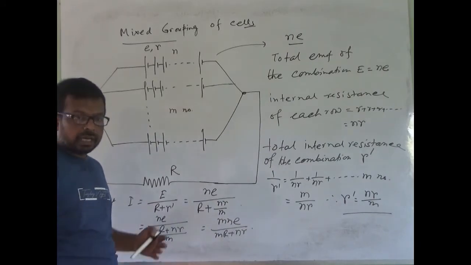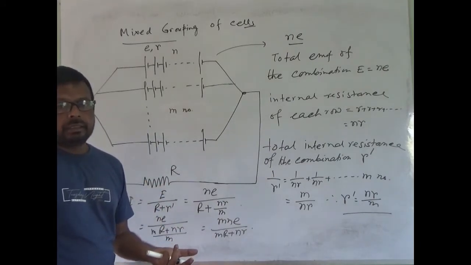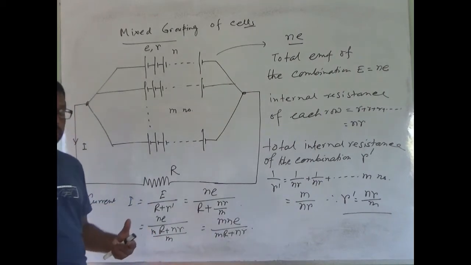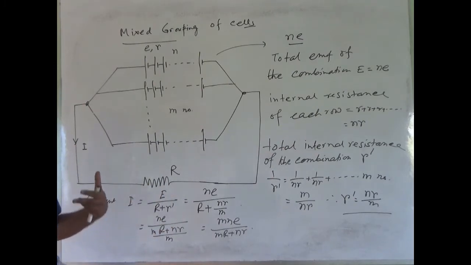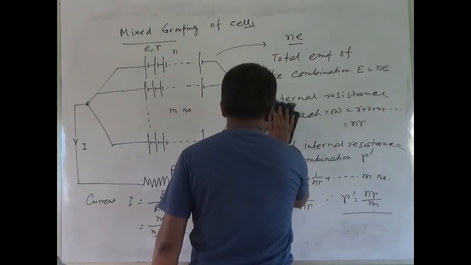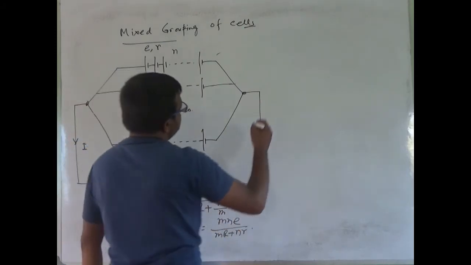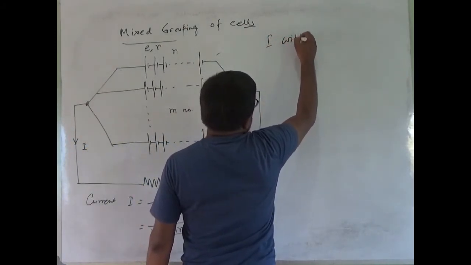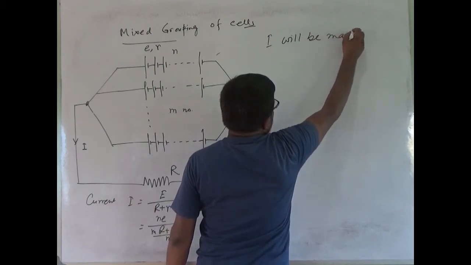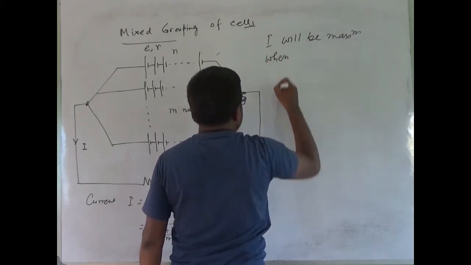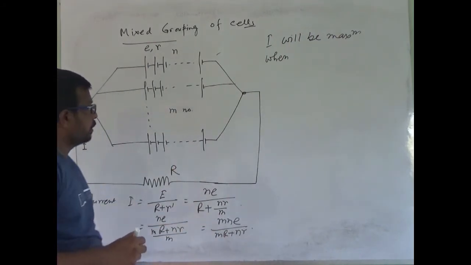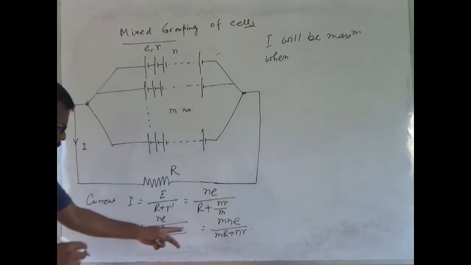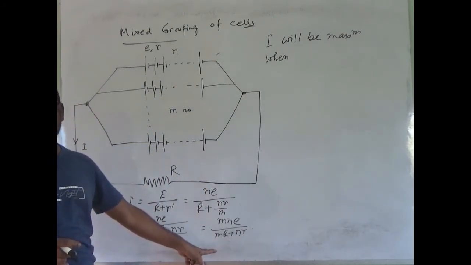Now we are going to find the condition to get the maximum current, or we may say the condition for I maximum. Now, I will be maximum when the denominator of the expression of I is minimum.